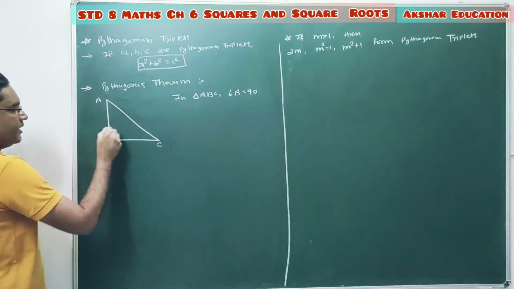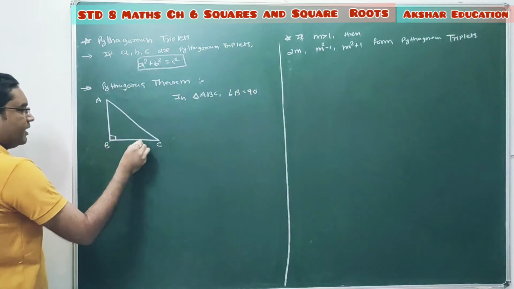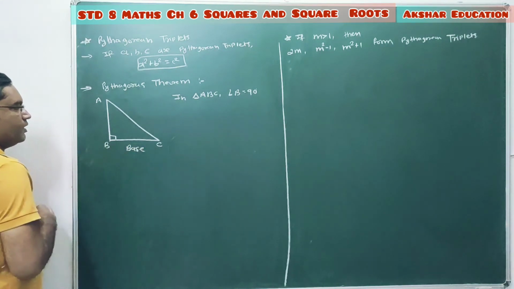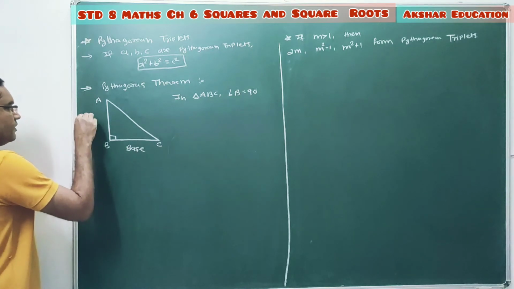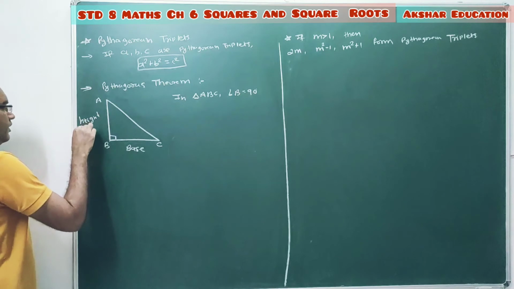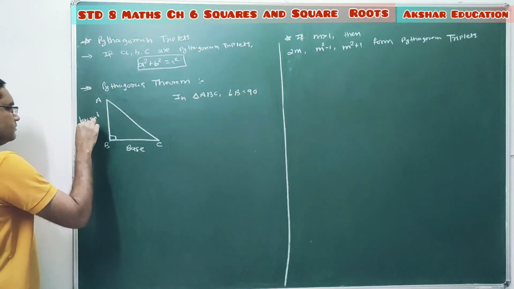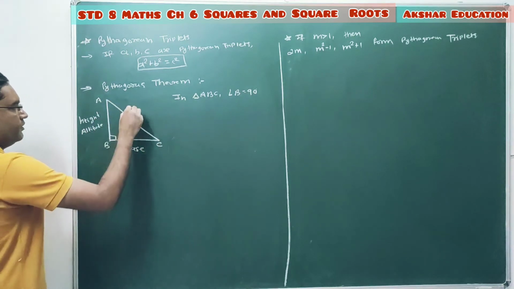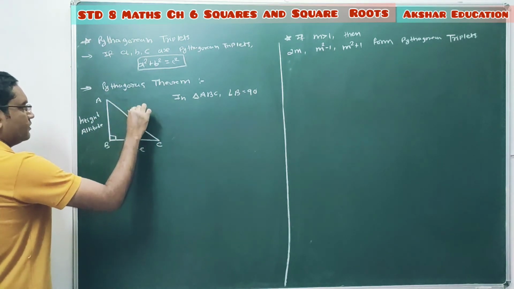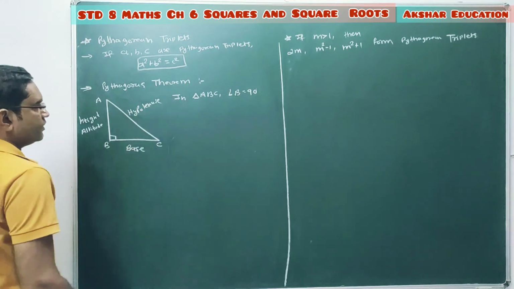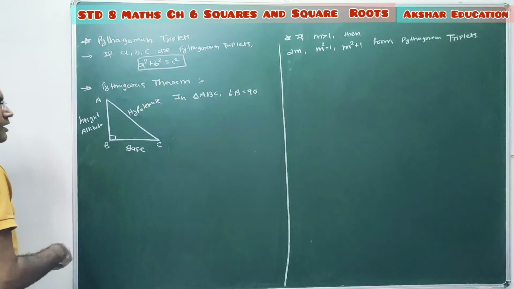Now side BC is known as base of this triangle. This is known as height, also known as altitude, and this is the longest side of this triangle, which is known as hypotenuse. So the longest side of the triangle is known as hypotenuse.